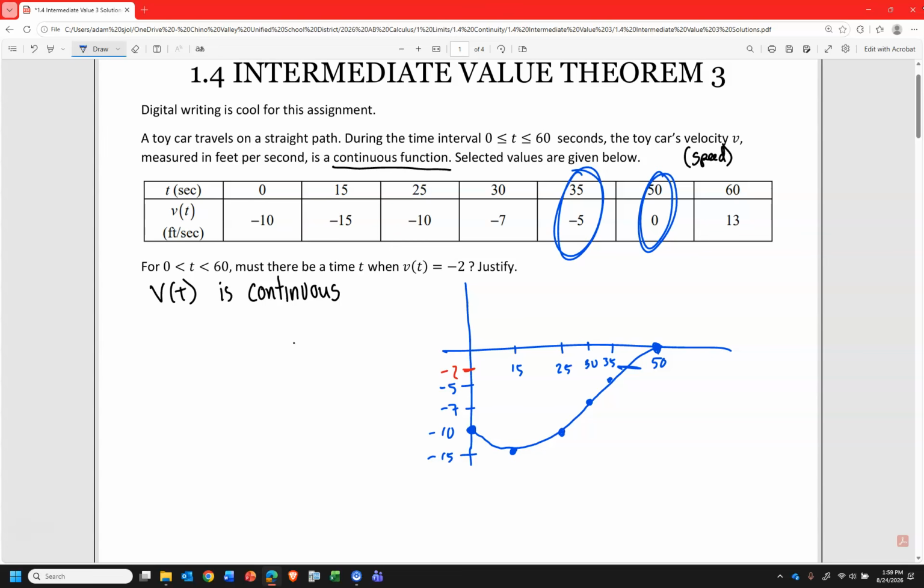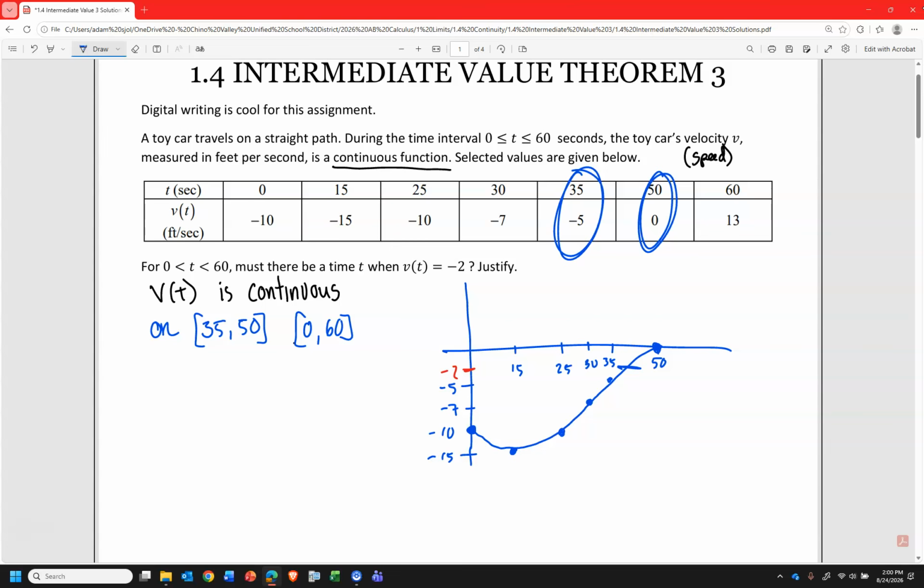Okay, so v of t is continuous, and now I'm just going to continue writing. Where is it continuous? Well, it actually is continuous on 0 to 60, but I am going to say 35 to 50, because that's the interval where I found that the velocity was less than negative 2 and then more than negative 2. You could also just do 0 to 60, because that's true on the whole thing.